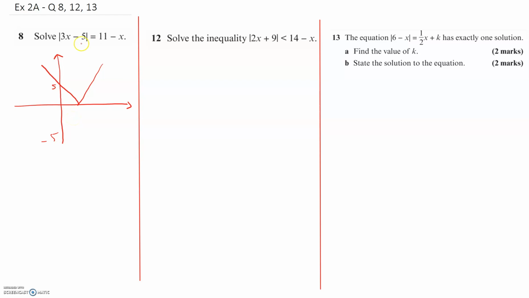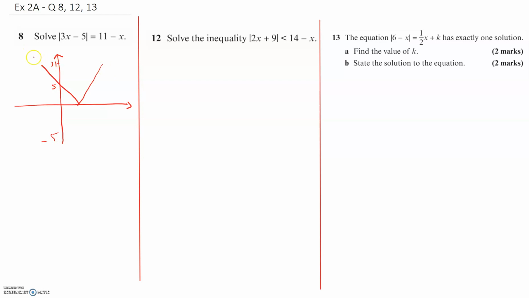So I also want to draw 11 minus x. So 11 minus x is going to cut through up at 11. It's a straight line with a gradient of minus 1. So that's going to be less steep than our modulus function because it's got a gradient of minus 1 as opposed to 3.